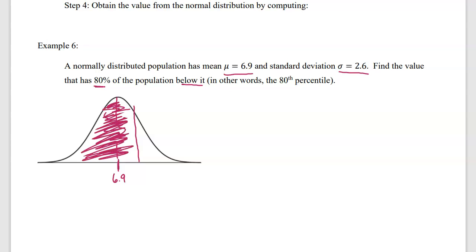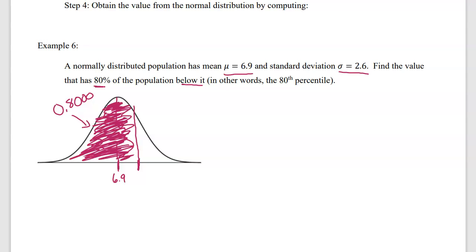So you have to remember that this is symmetric, and drawing that line down the middle represents 50%, or 0.5. So this is the value that I'm looking for. So this area right here, 80% or 0.80.